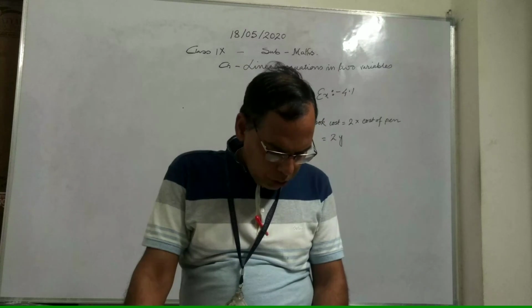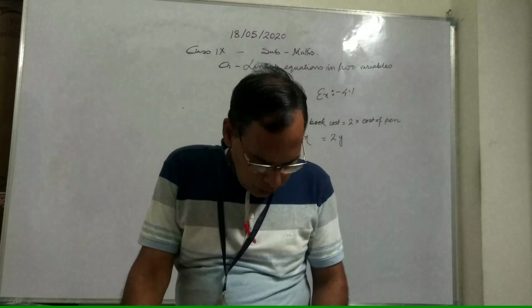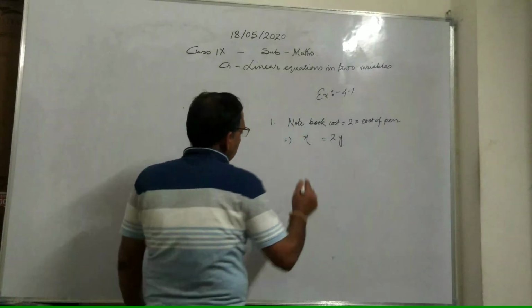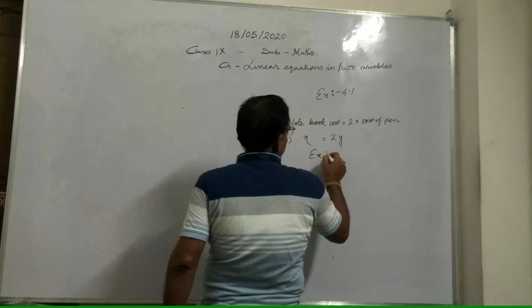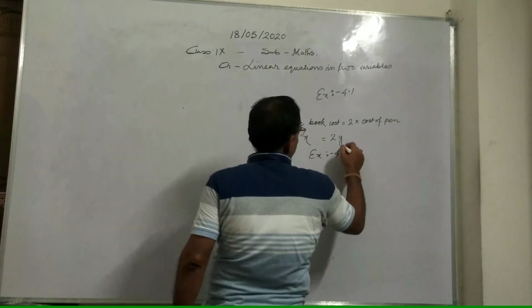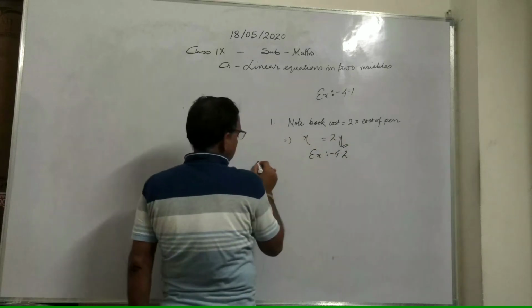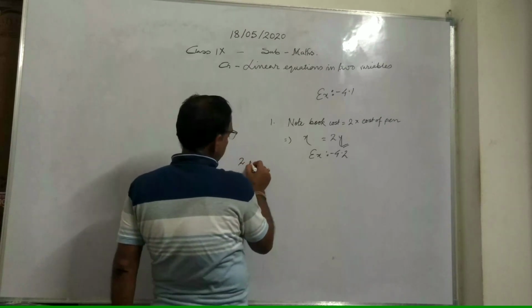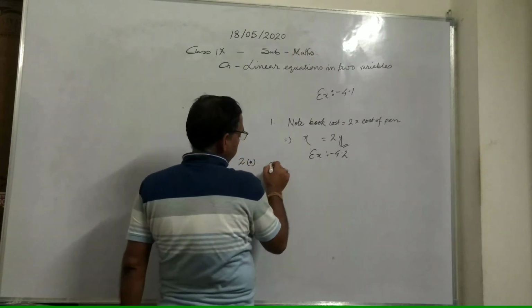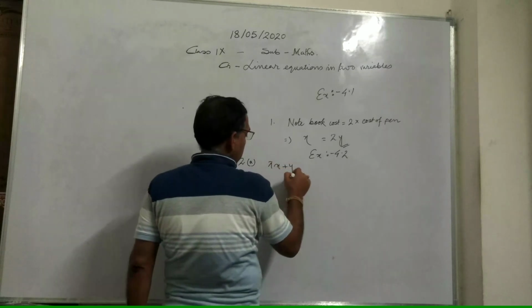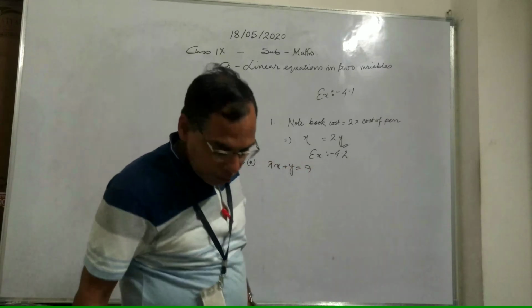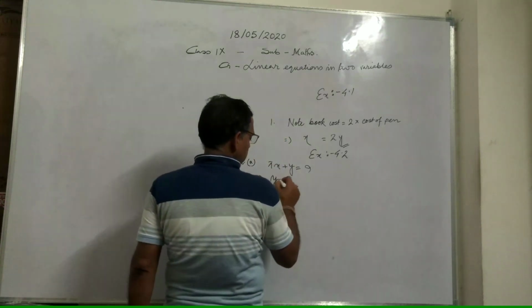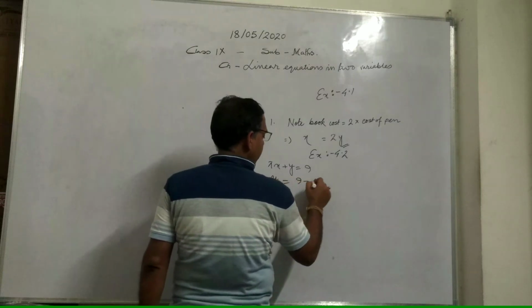Now question number 2, Roman 2. Exercise 4.2. What is the question? Question number 2, Roman 2. So 5x plus y equals 9, so y is 9 minus 5x.